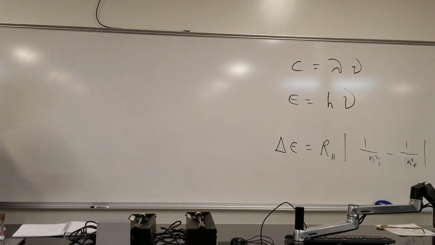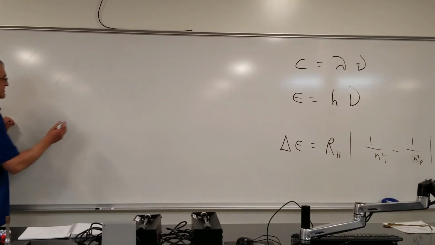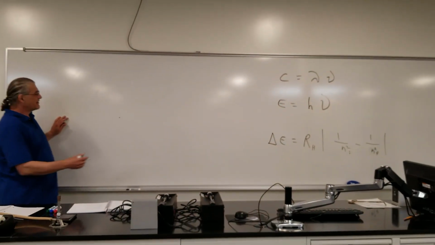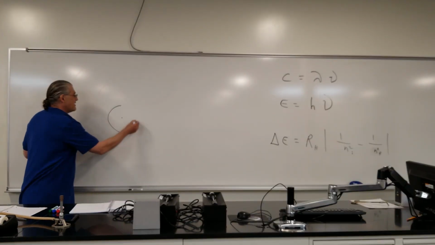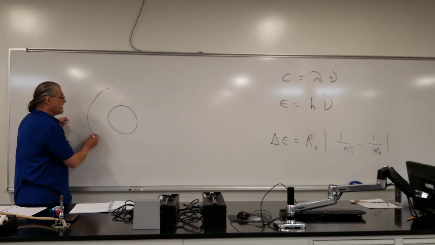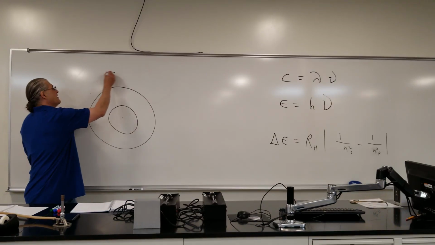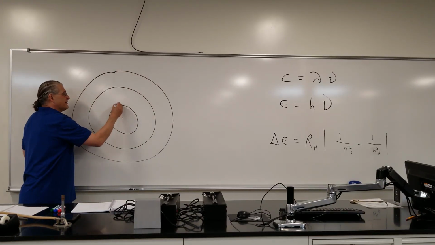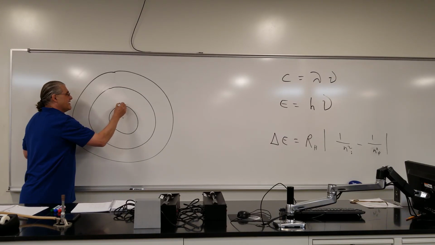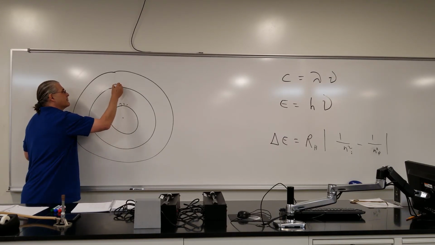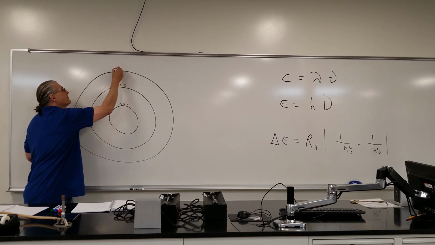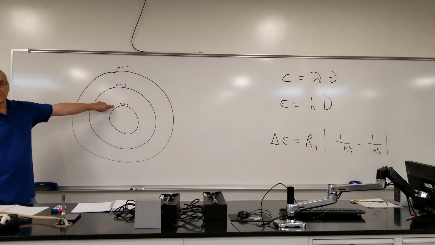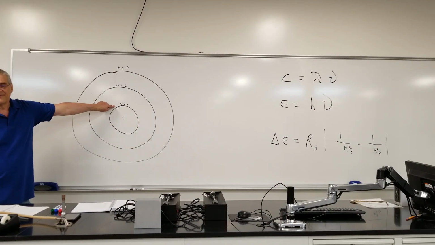For a hydrogen atom, the picture that we have is you have the nucleus, which contains your proton, and then you have an electron. And the electron has to be in certain allowed orbits around that nucleus. It can be in the first orbit, we call that n equals 1, the second orbit, the third orbit, etc. You might recognize these as the principal quantum numbers that you've heard of in lecture.